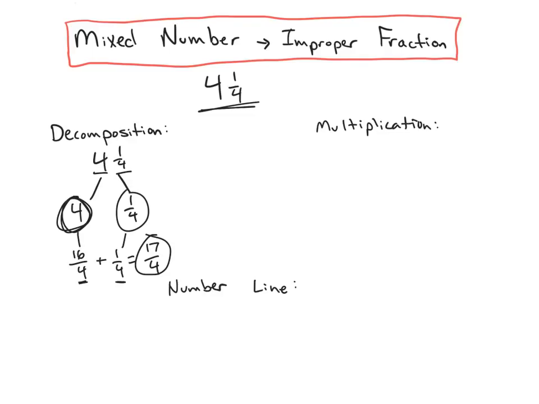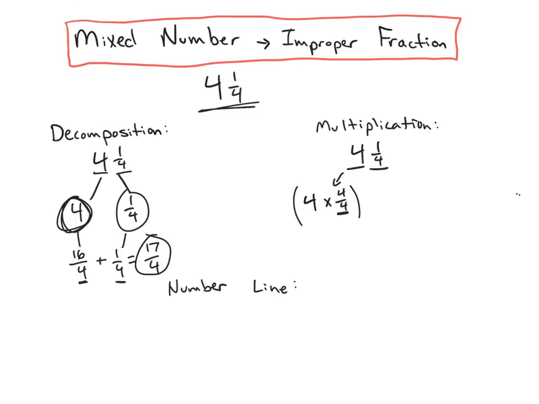I can also use multiplication, which is a similar strategy. In this case, I'm going to be multiplying. Since I have 4 and 1/4, once again, I'm going to split up the whole number and the fraction. And I'm going to take the whole number and multiply 4 by 4/4, because 4/4 is equal to 1. And this will help me rewrite 4 wholes in terms of fourths.